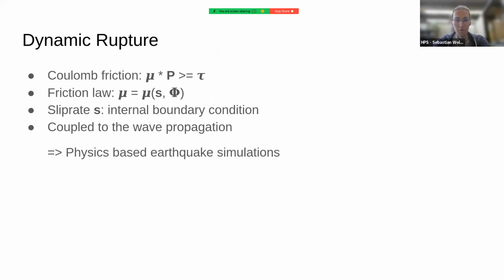And either the fault is locked, then it's truly larger, or it's sliding, then there's the equal sign. We have a friction law, so our friction parameter mu depends on the slip rate S and on some state variable phi. And once we have a slip rate, we impose this as an initial internal boundary condition and couple it to the wave propagation part.